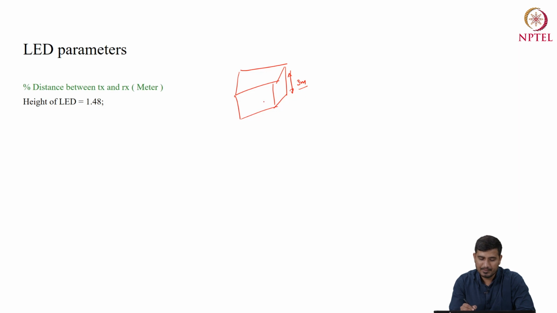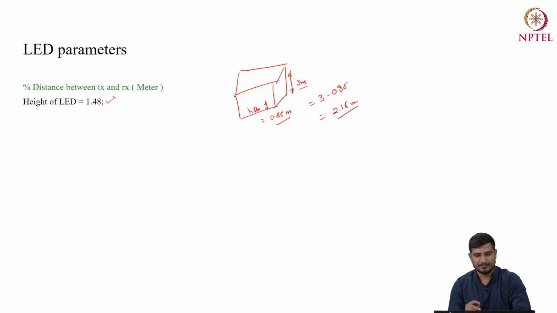But generally what happens, we consider receiver height at the height of the table, which is generally 0.85 meter. So you can subtract 0.85 from 3. So you will get 2.15 meter as a height of the LED for a given room dimension of 5 cross 5 cross 3 meter. Like here, for example, we have taken the height of LED value as 1.48 meter.